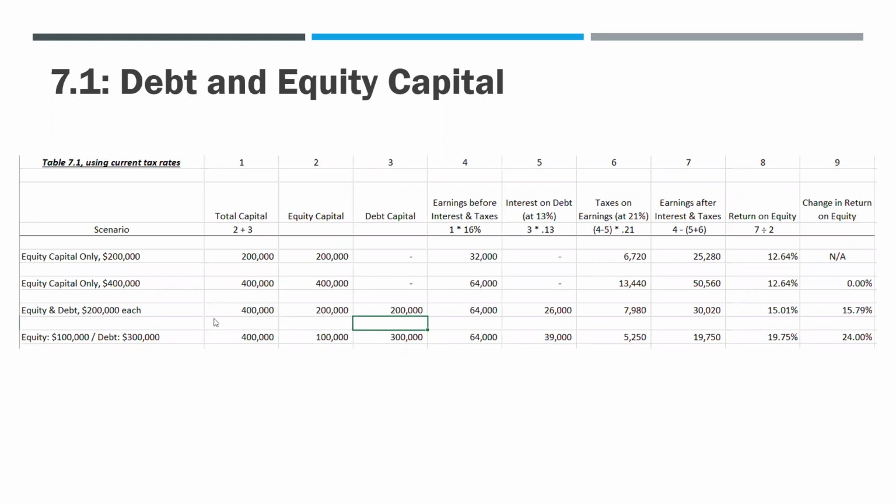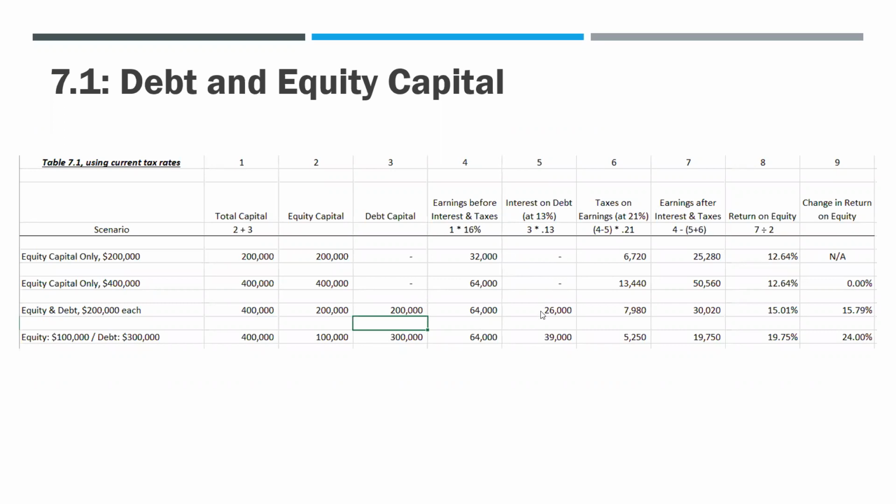So if we have equity and debt split evenly, forming our $400,000 capital, our earnings before interest and taxes will be the same for all 3 scenarios that involve the $400,000.